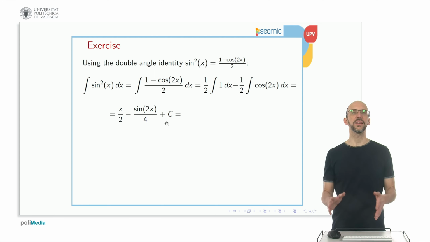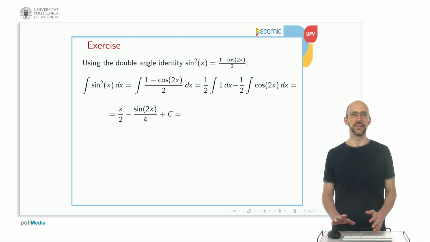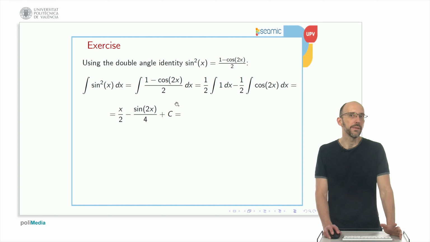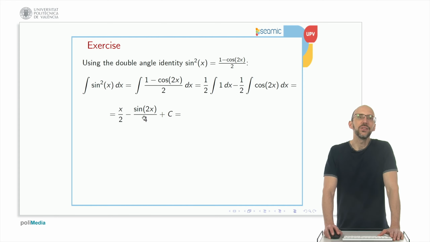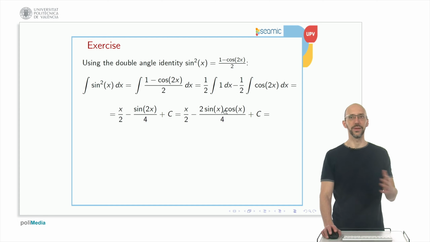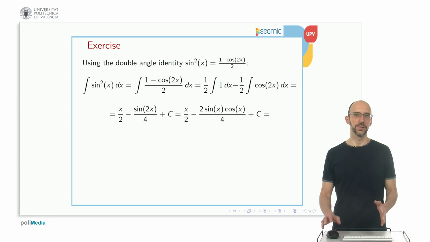You can leave the integral like this. It's already done, but it can be simplified a little bit more. Because you remember for sure, fingers crossed, that sine of 2x is 2 times sine of x cosine of x. This is the trigonometric property I'm applying, so I'm not using only one trigonometric property, but two.